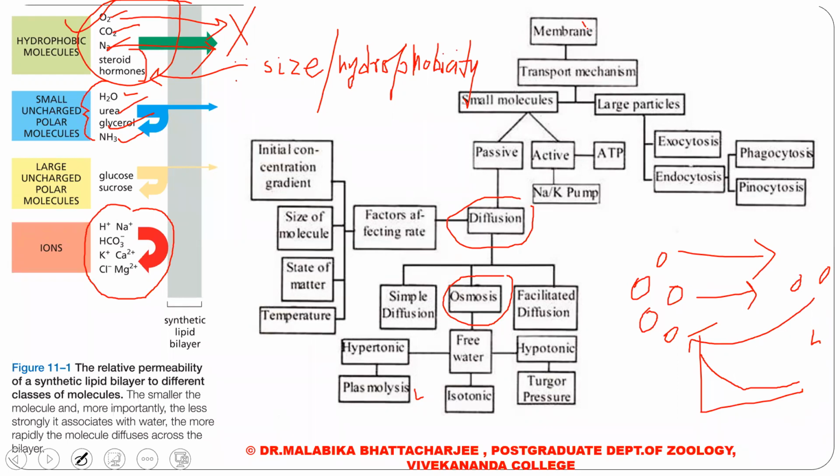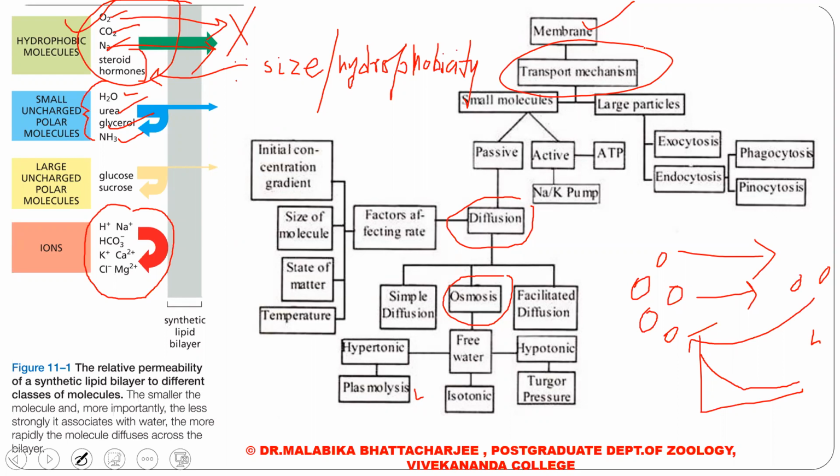Now, coming to the function of a membrane, the main function of a membrane is transport. It plays a big role in the transport of molecules from one side to another. Imagine a cell covered by a biological membrane. A cell cannot live in isolation. It has to constantly crosstalk with its exterior environment.